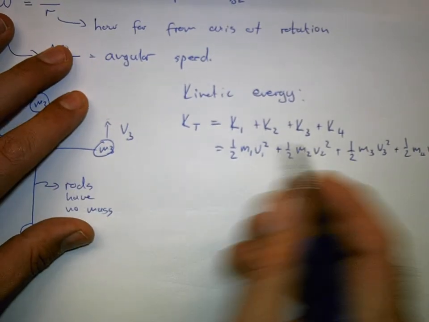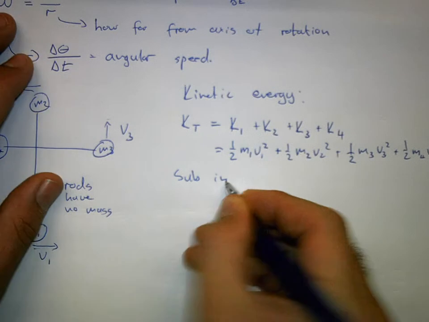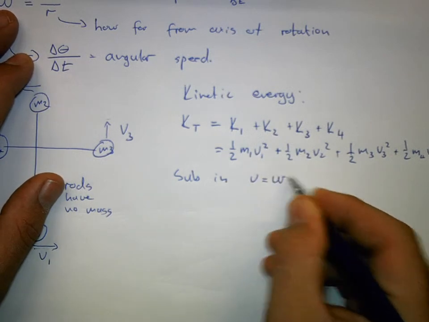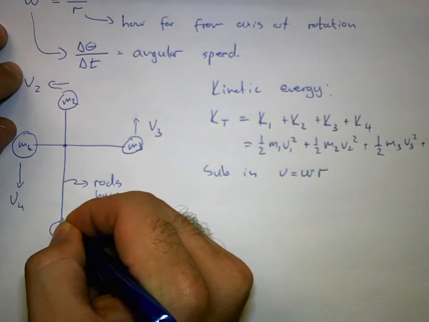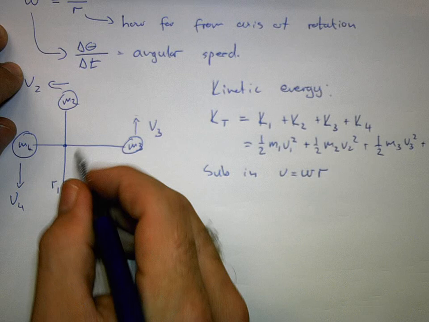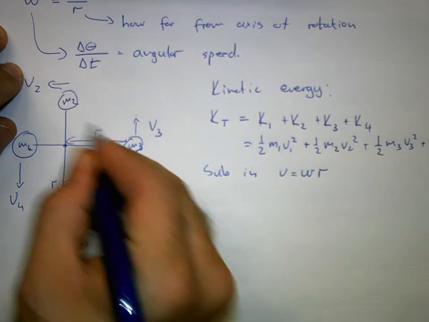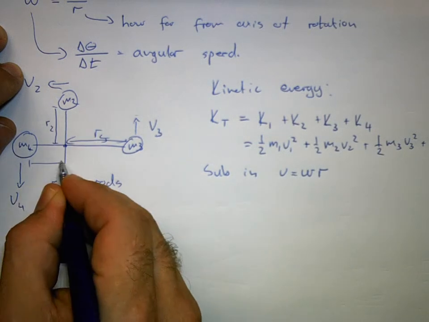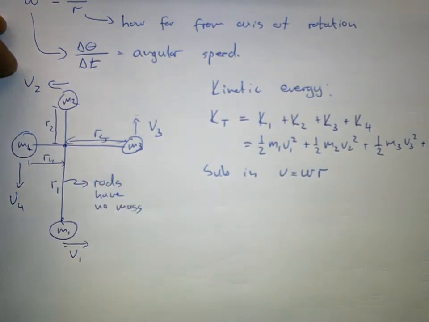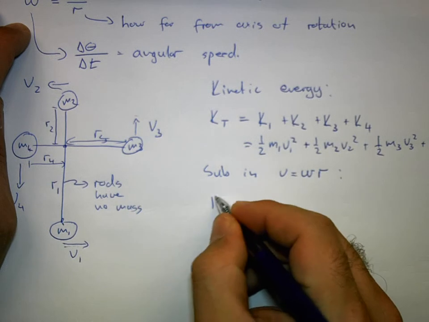So we're going to sub in that v is equal to omega times distance, where from there to there is now, we're going to call this distance R1, that we're going to call distance R2, that's R3, that's R4. So if I know the speed and I know how far this object is from the point of rotation, I can calculate its angular speed. So I can substitute that into our expression for the kinetic energy.